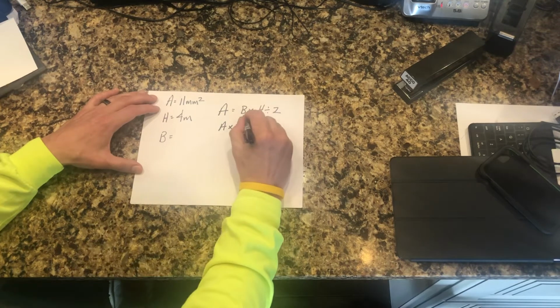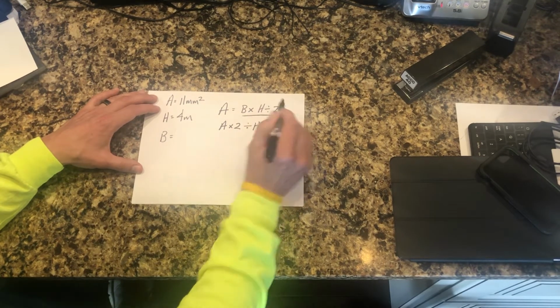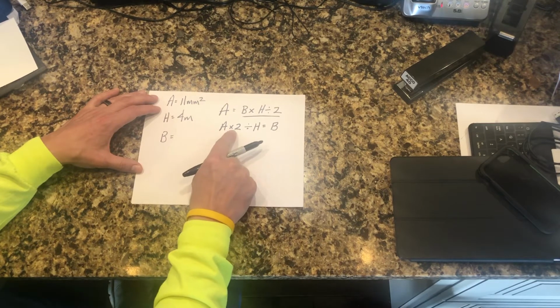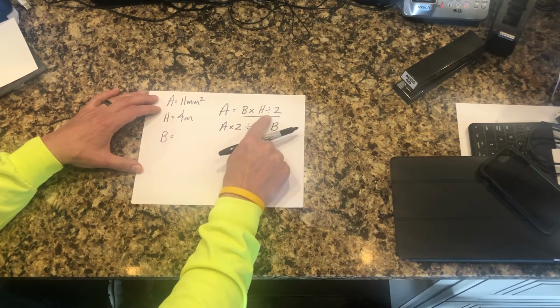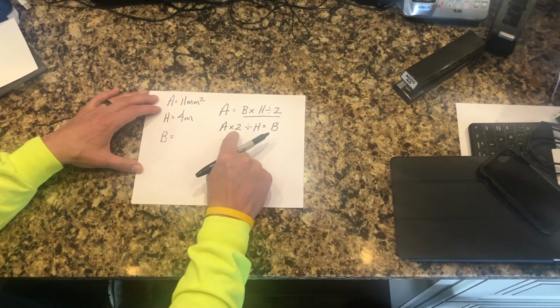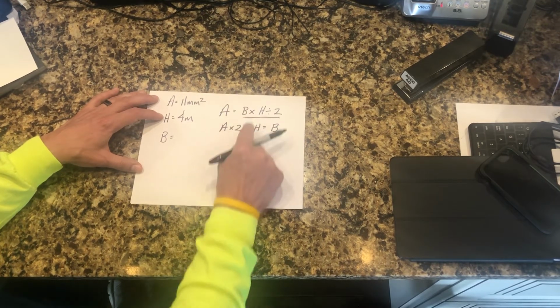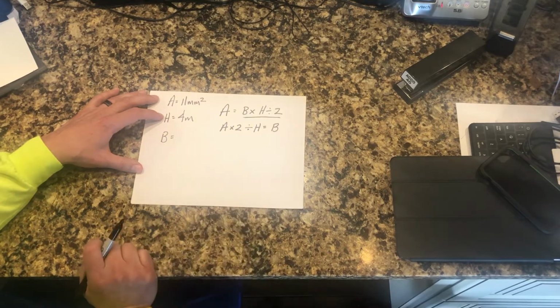So I've just taken this formula right here, and I'm working backwards. So I start with the area, I take it times 2 instead of dividing it by 2, and then I'm going to take that answer divided by the height, because in the original formula we multiply, so we're going to do the opposite here, and that should give us the base.